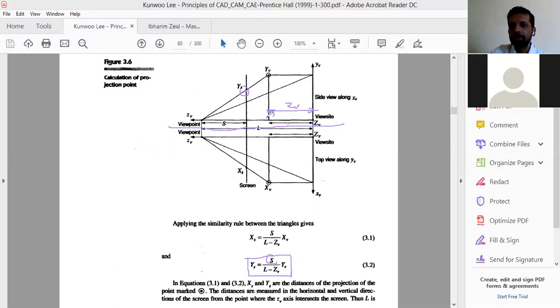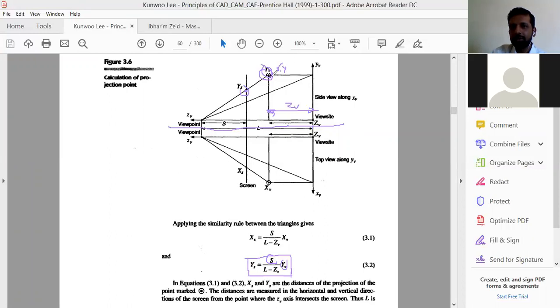So overall length minus this value, I will get yv itself, into the yv value, that is the height. At what height it is placed onto the y-axis. This will give where it is ending. So this has, say for example, an x coordinate and a y coordinate. This x coordinate value is given by this L minus ZV.